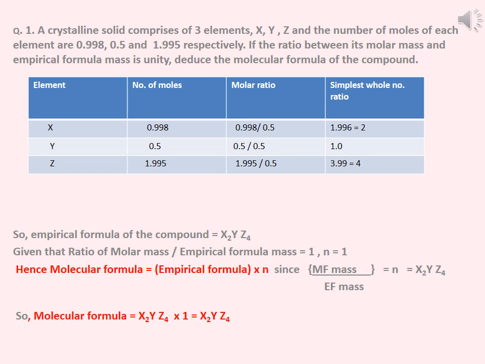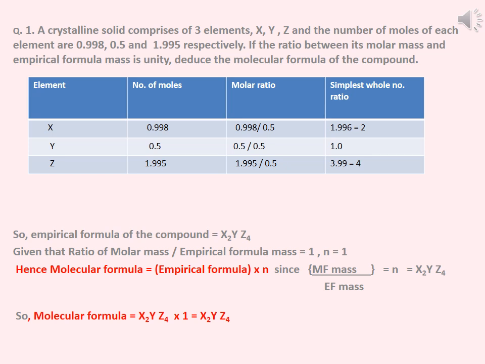So this problem essentially deals with determination of the molecular formula of a compound, for which first and foremost you have to find out the empirical formula of the compound.